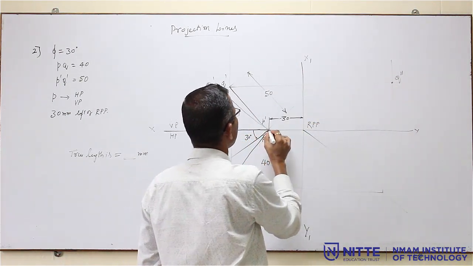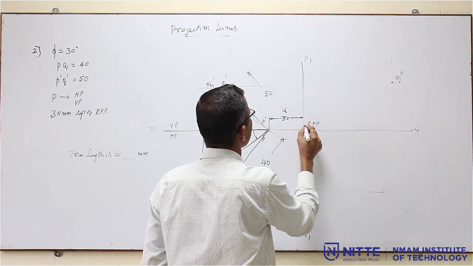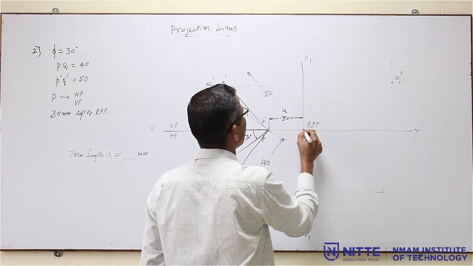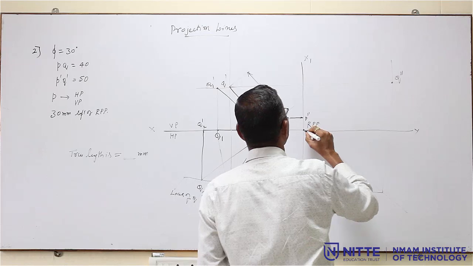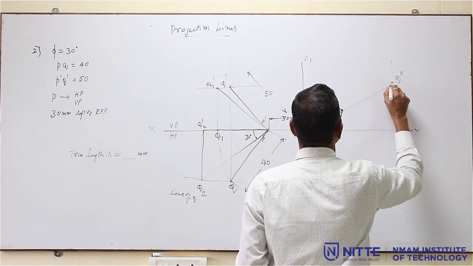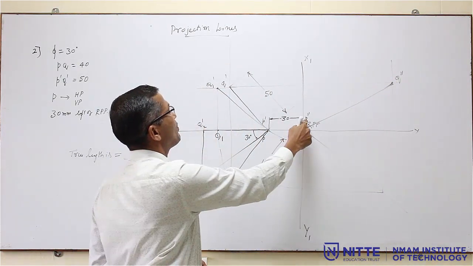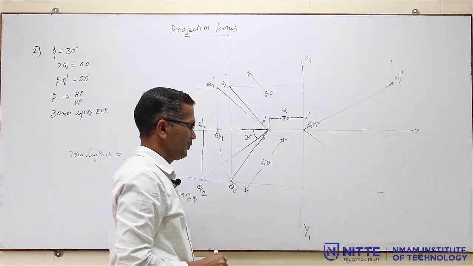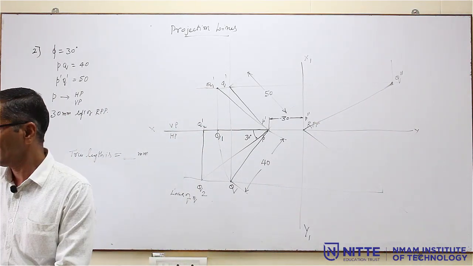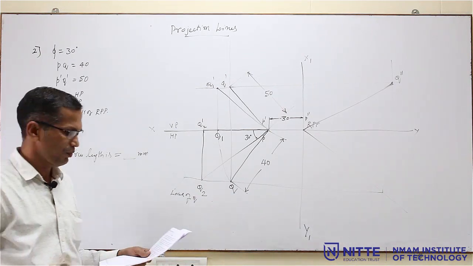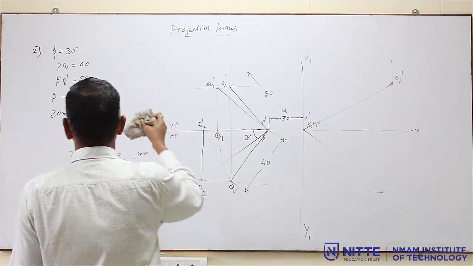Then the P and P double dash, P dash are both here only, that is why the P double dash will be this particular point, that is origin, and join it by a line like this. So this is the profile view, P double dash, Q double dash. So this is the solution for problem number 2, second problem.